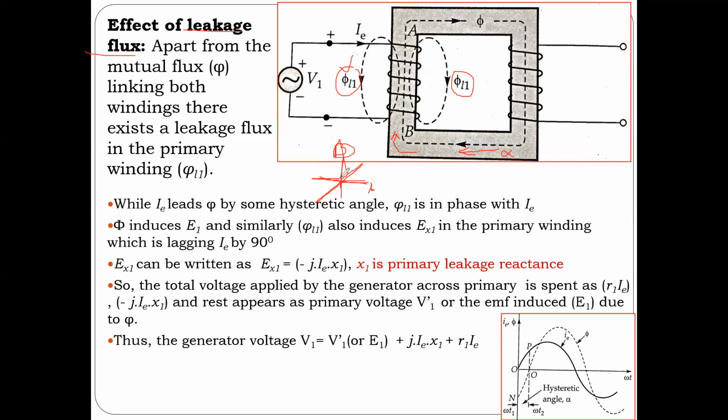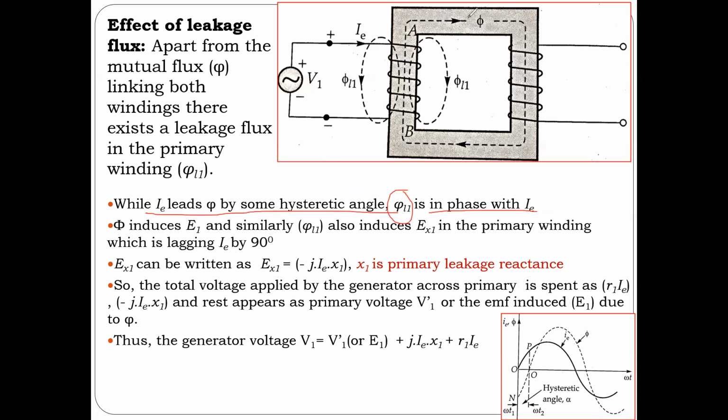Okay, both the sides. So I and phi, they don't phase out. They are rather in phase, especially in the air. So yes, IE leads phi by some hysteretic angle, but this leakage flux phi L1 remains in phase with IE. It does not lag.